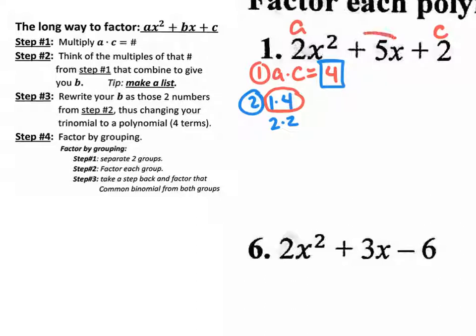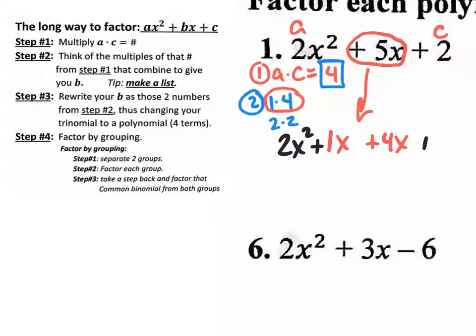I'm going to circle this positive 5x, and I'm going to rewrite that positive 5x as 1x plus 4x. And of course, I'm also going to bring down the 2x squared right in front, and I'm going to bring down the constant plus 2 at the very end. You get rid of the 5x by rewriting it as these two numbers. The 5x really becomes 1x plus 4x. And that makes total sense because 1x plus 4x is 5x.